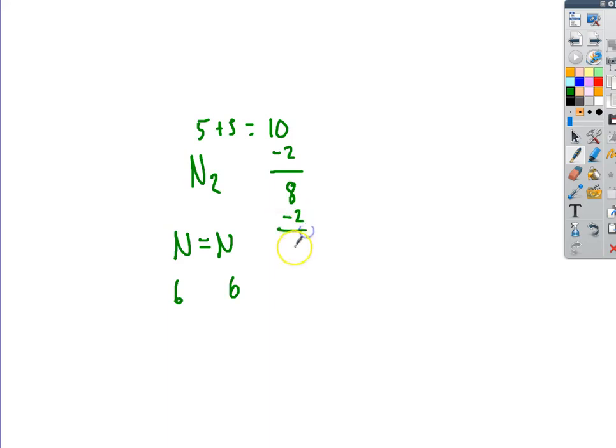You need to subtract 2 for every bond you make. Since I added a bond there, this is going to change to a 4. This will change to a 4. That's 8. I still don't have enough, so I'm going to add another bond. This changes to a 2, and this changes to a 2. 2 plus 2 is 4. There's 4, so I'll put 2 dots there, and 2 dots there, and there's nitrogen.